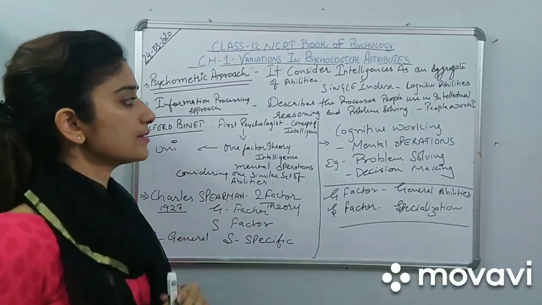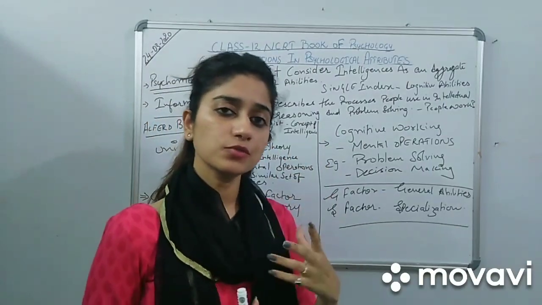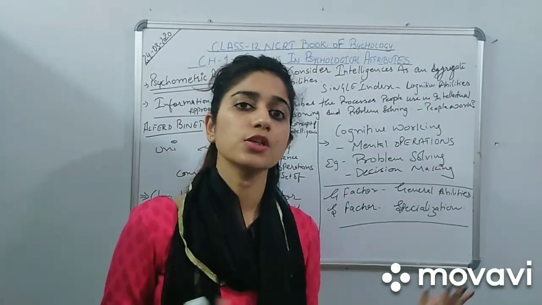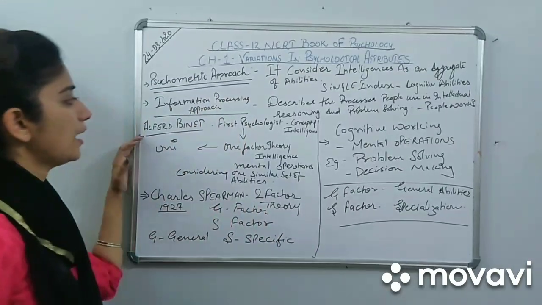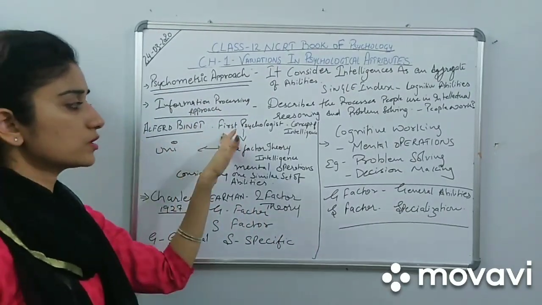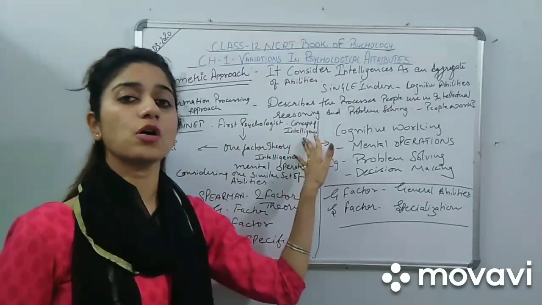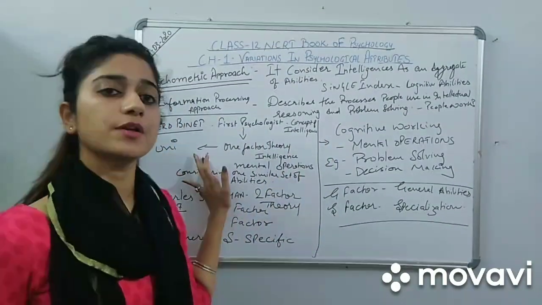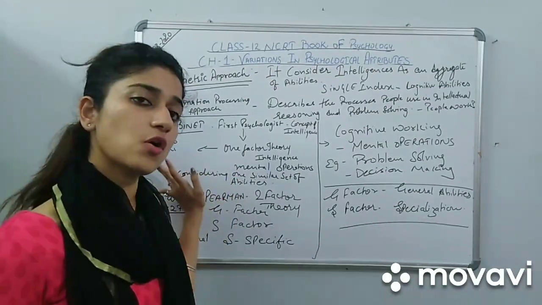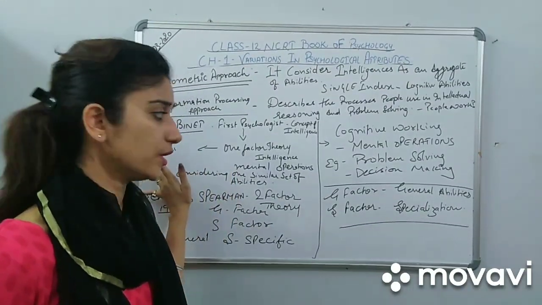On this basis, some psychologists have given their own theories over intelligence. Alfred Binet was the first psychologist who talked about the concept of intelligence, and he gave a one factor theory, also known as the unifactor theory.